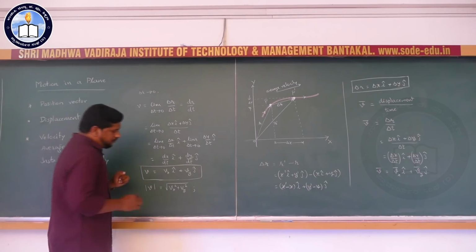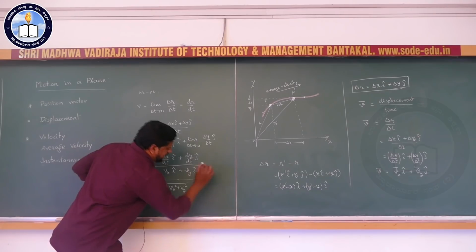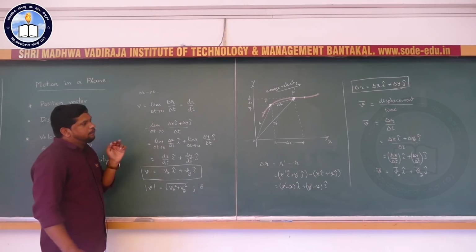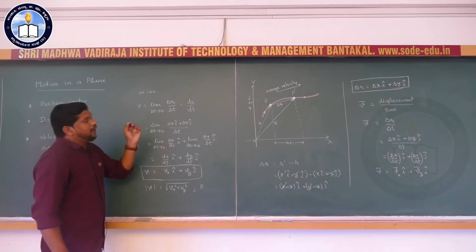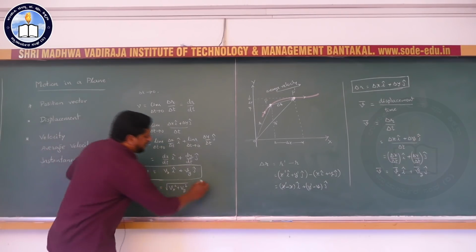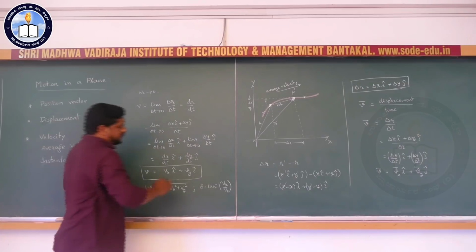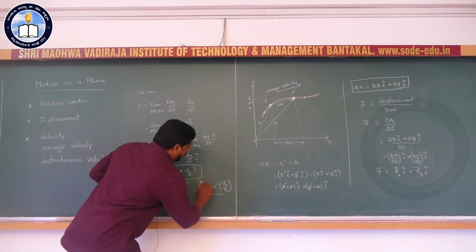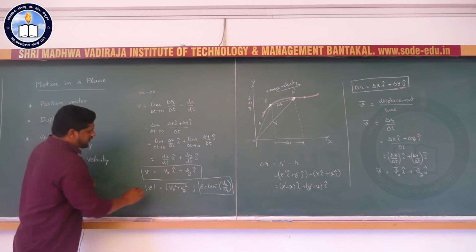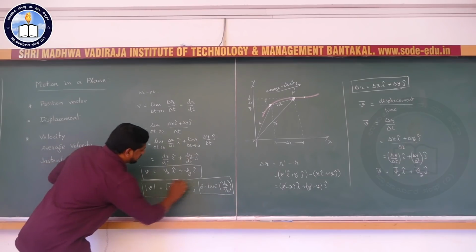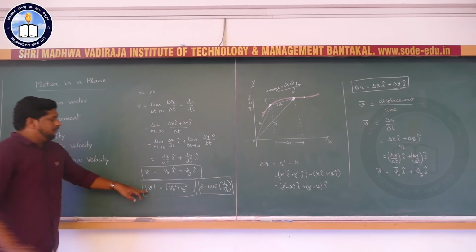At the same time, if you write for theta, the angle made by that velocity vector with the horizontal, that will be equal to tan inverse of Vy divided by Vx. So, this will give you the direction, and this is the magnitude of the velocity.